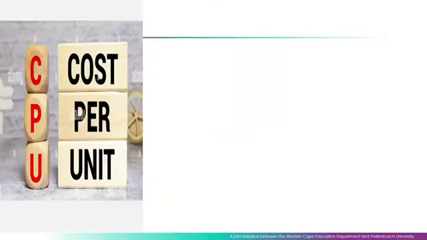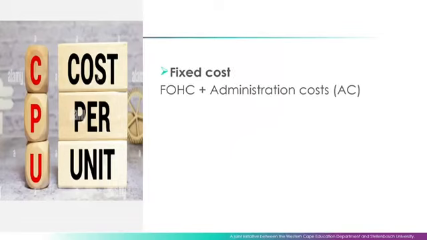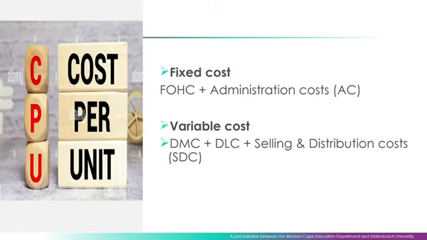Right, so the other cost per unit you must know of is your fixed cost. And your fixed cost, as we mentioned prior, would be your factory overheads, FOHC, and your administrative costs, AC. FOHC is factory overheads cost, if you're wondering.